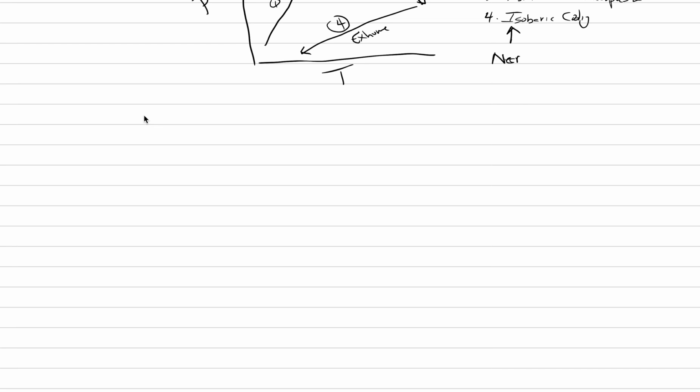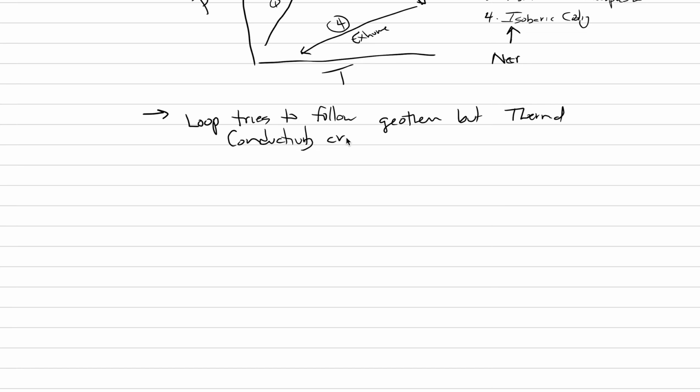So we'll put one small note here and we'll say that the loop tries to follow the geotherm, but slow thermal conductivity creates a lag.